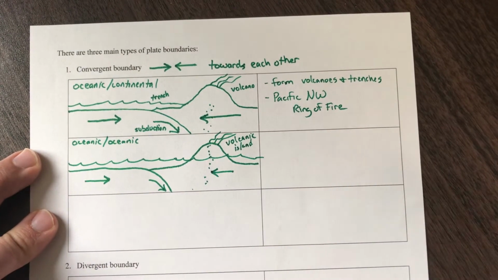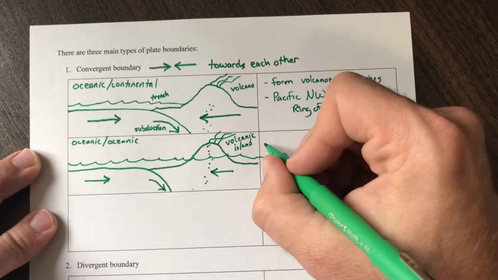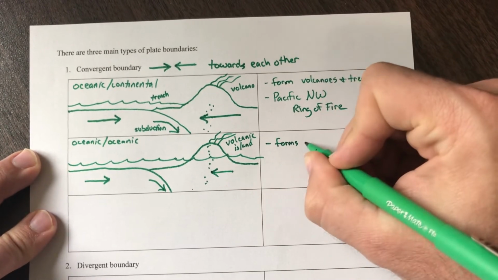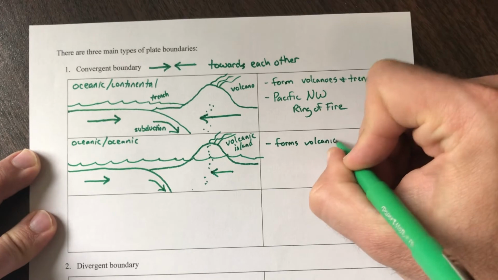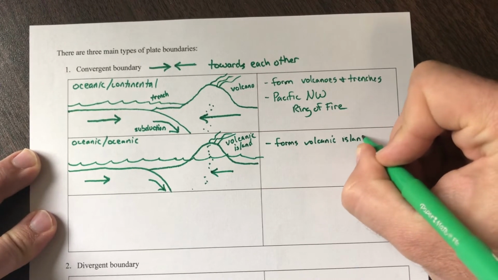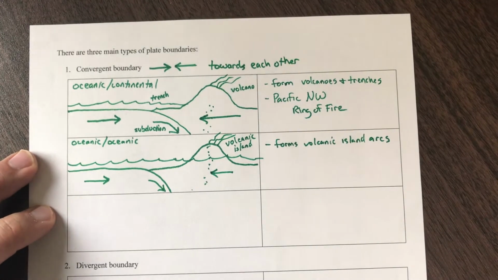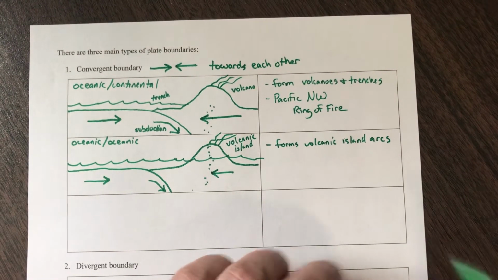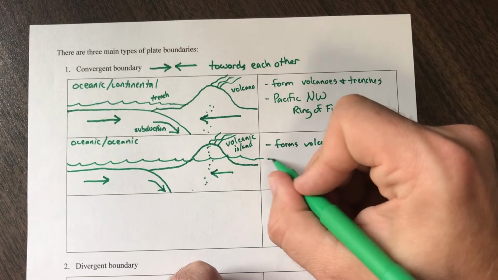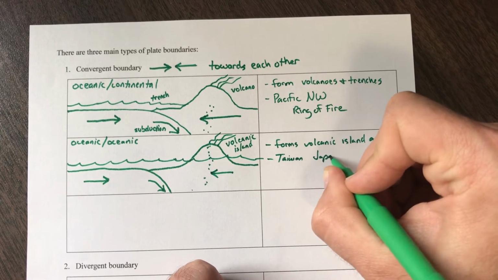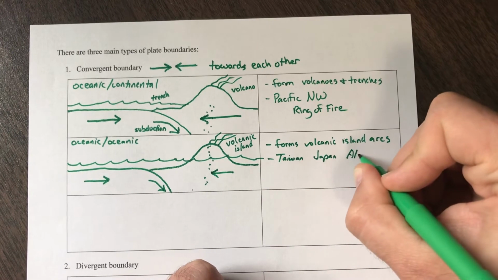Subduction's occurring here. Let's go ahead and add a couple notes. This is how we get volcanic island arcs. This is going to be locations such as Taiwan, Japan, part of the Alaskan Aleutian Islands.